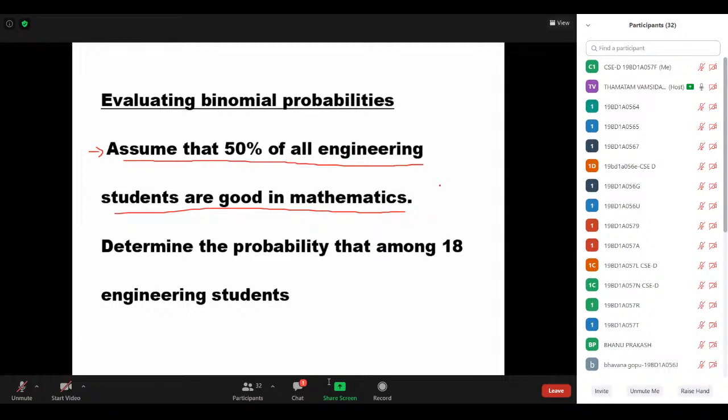What is the small p? Assume that 50% of all engineering students are good in mathematics. That means small p is 50%, that means 1 by 2. If you know small p, you can get small q. We know that p plus q is 1, so q is 1 minus p.